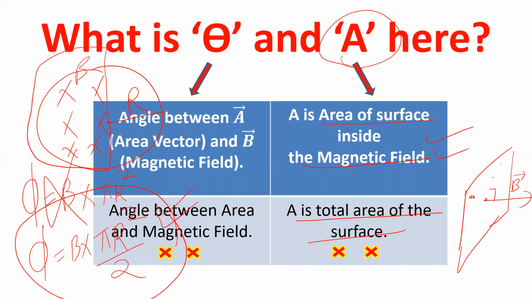Is the angle 90 degrees? No, not at all. Draw an area vector over here. Now the angle comes out to be 0 degrees. So always measure the angle with the area vector. That's why we draw the vector. If we measure the angle with the surface, then what is the use of drawing an area vector over here? Remember that.